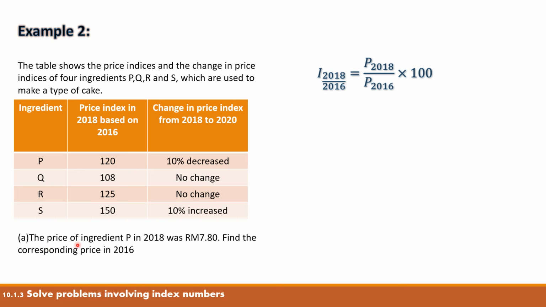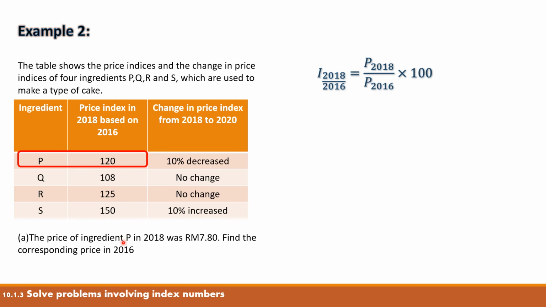The price of ingredient P in 2018 was 7 ringgit 80 cent. Find the corresponding price in 2016. As it involves 2018 and 2016, we will focus on the second column, which is the price index 2018 based on 2016.